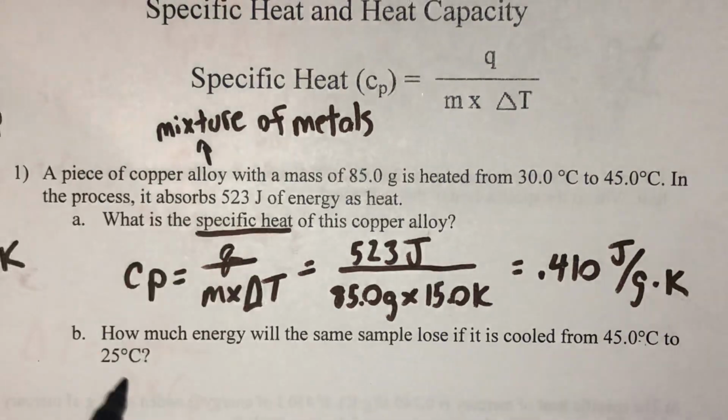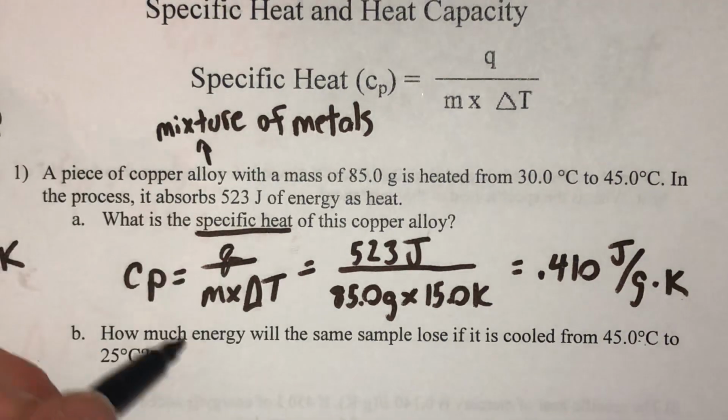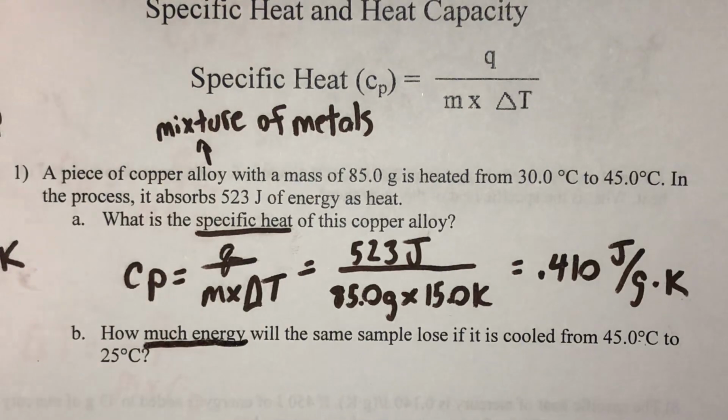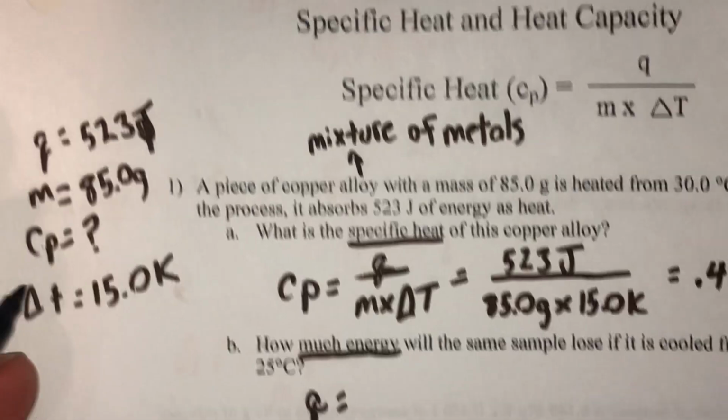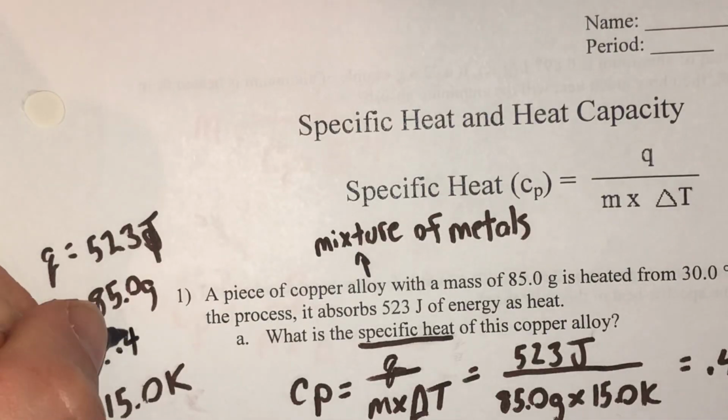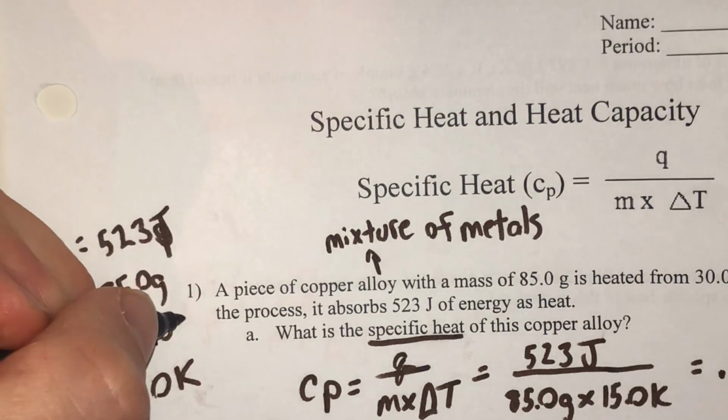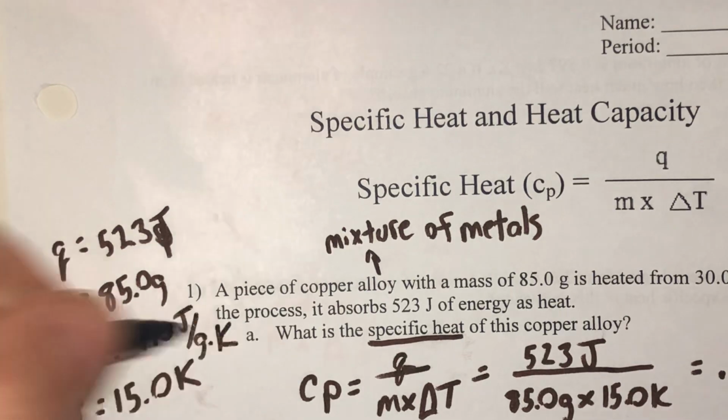Okay, so this one, part B, is asking for energy. What variable are we solving for there? That's Q. So we have the same list of variables. We've found Cp is 0.410 joules per gram Kelvin.